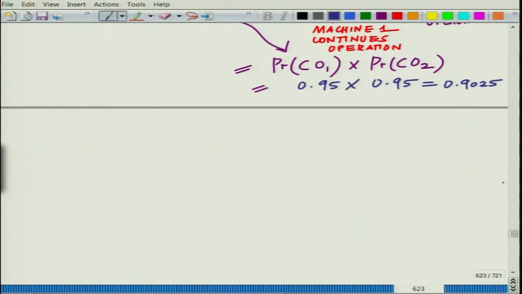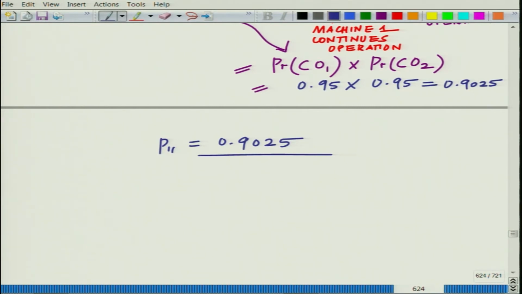So P11 equals 0.9025. This is the probability that X(n+1) equals S1 given Xn equals S1.